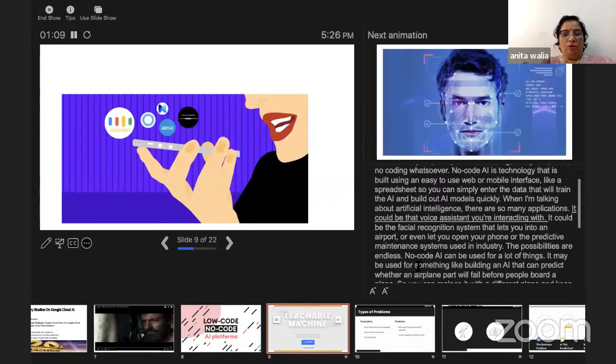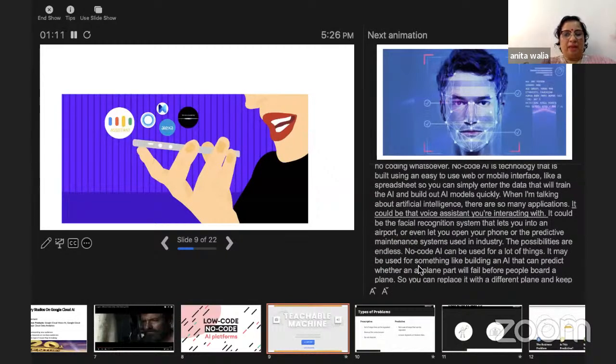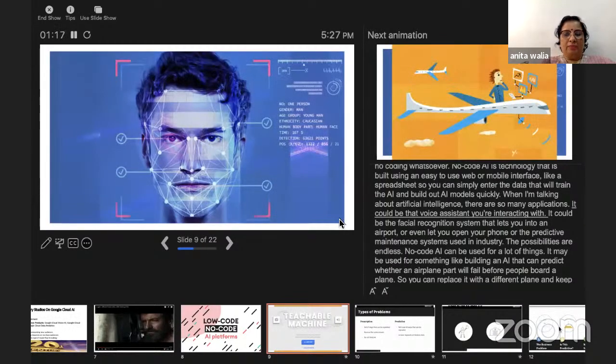So when I'm talking about artificial intelligence, there are many applications. It can be, for example, a voice assistant that you're interacting with. It can be a facial recognition system, which will let you in at certain airports in Europe. There is a system where you can move inside the airport only through facial recognition, or during immigration they check your face through the camera, and through your retina they can recognize you.